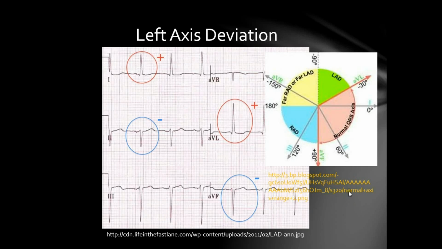Now please note, for a left axis deviation to happen, you have to have lead 1 positive and both leads 2 and aVF negative. Because just imagine with me for a second, if leads 1 and 2 were positive, but only aVF was negative, that means the cardiac axis will be somewhere between 0 and minus 30 degrees, because it would be moving towards both leads 1 and 2, so somewhere in here, and at the same time it's moving away from aVF.